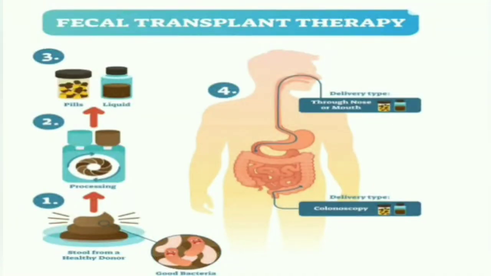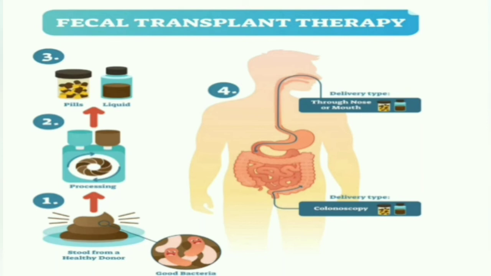Now let us have a look at this diagram. This diagram explains the overall process that takes place in a fecal transplant therapy. The basic concept is that the stool from a healthy donor is transferred into the colon of a sick patient. A healthy donor's stool contains good bacteria, and in an infected person, bad bacteria would be present.